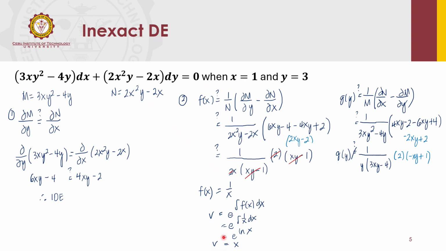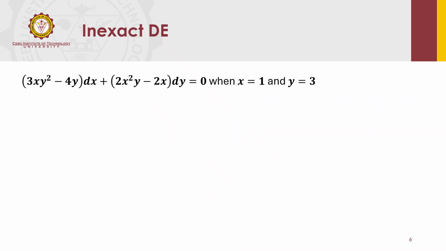So specifically x. So step 3 is we're going to multiply the whole equation by x. Let me write first.